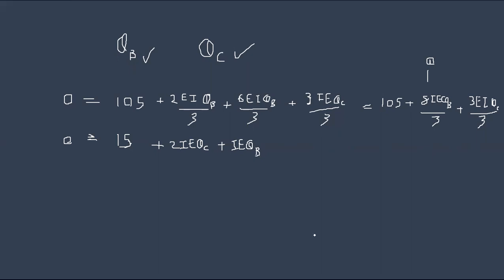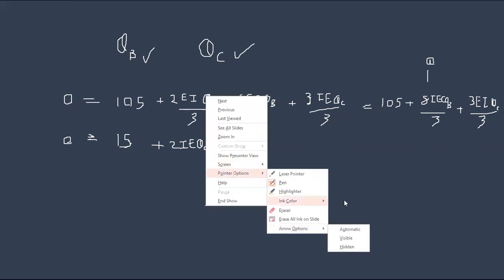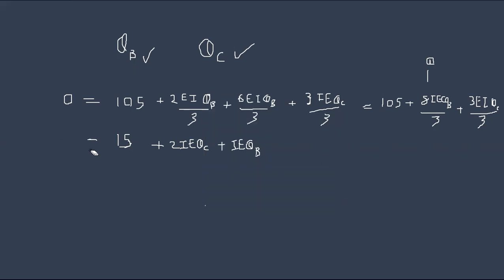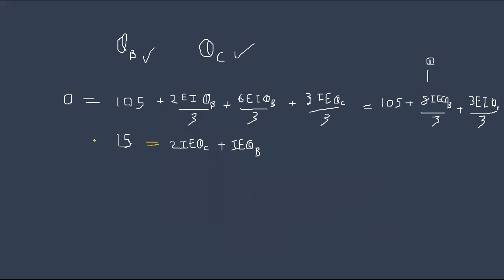Plus theta B, right? So I can take this 15 to the other side, so that's going to be negative 15. And I can take this 105 to the other side as well. So I can multiply this by 3, right?